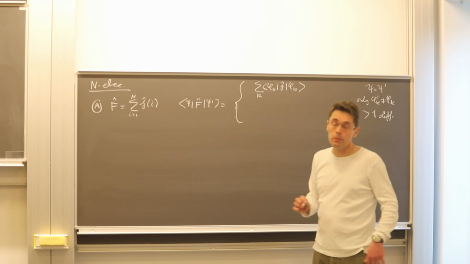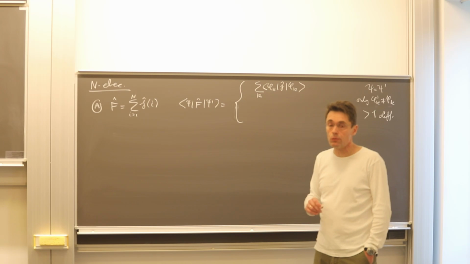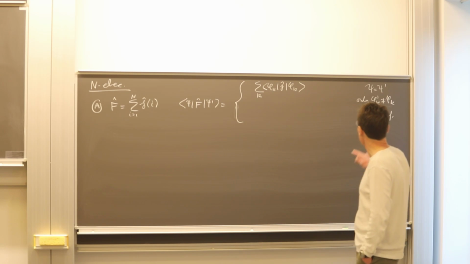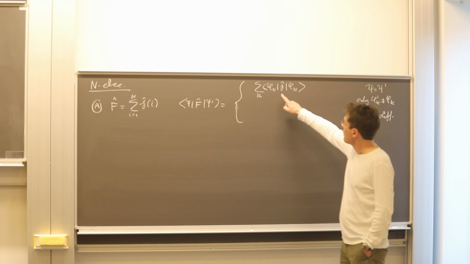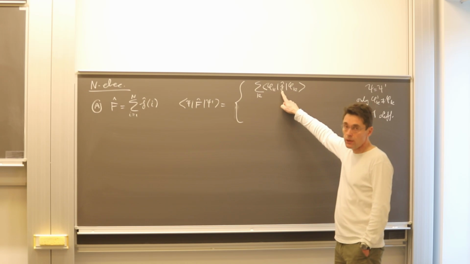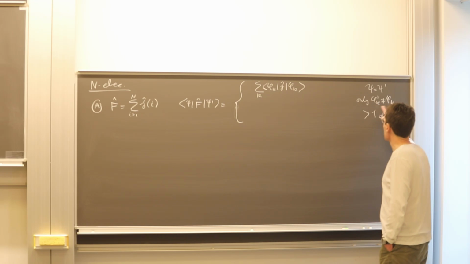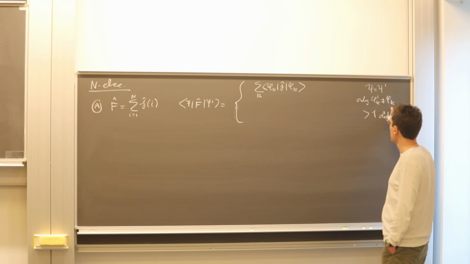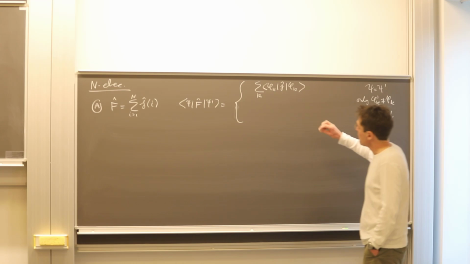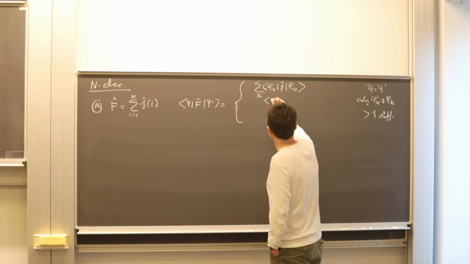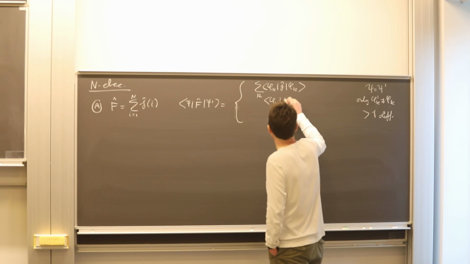So if they're just multiplied together and integrated over, we get a 0. So it means that it has to be an element which includes the operator to lift this orthogonality. So the only term that will survive here is actually this one.